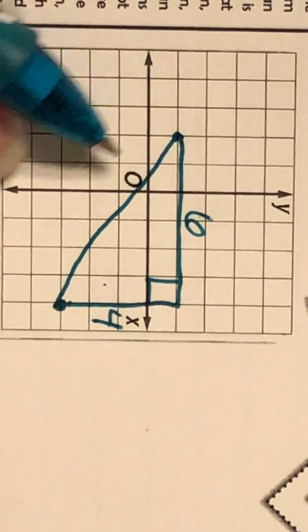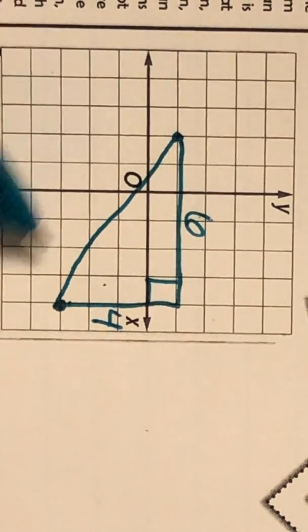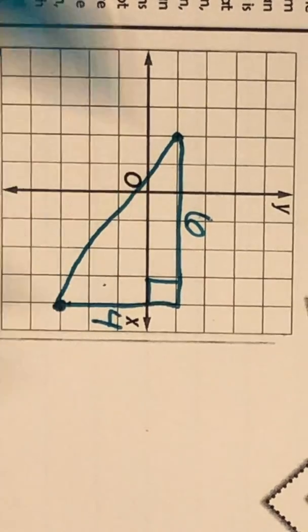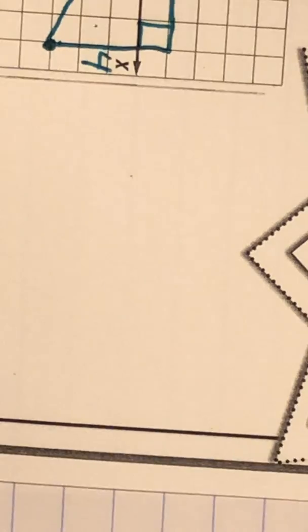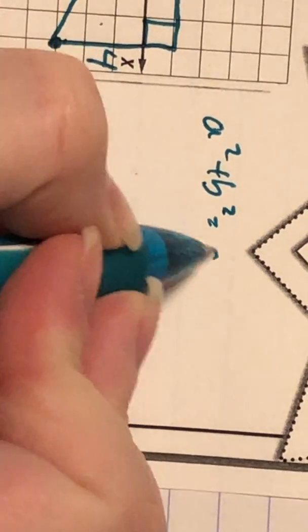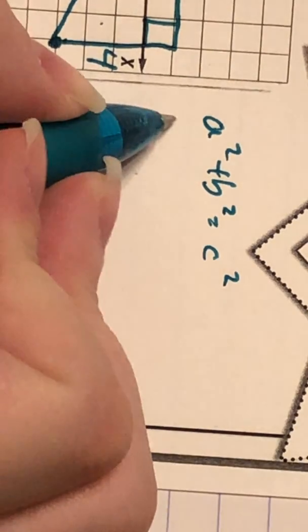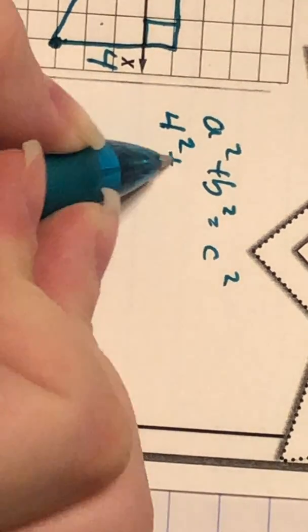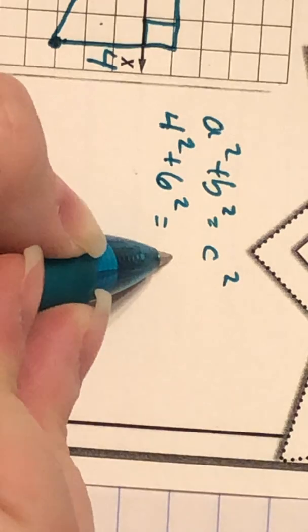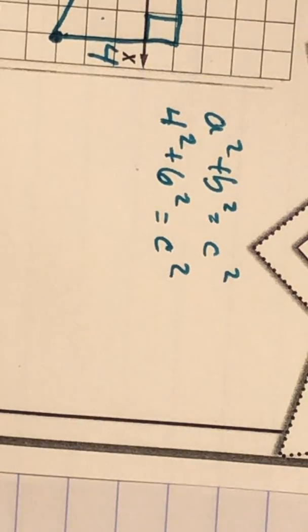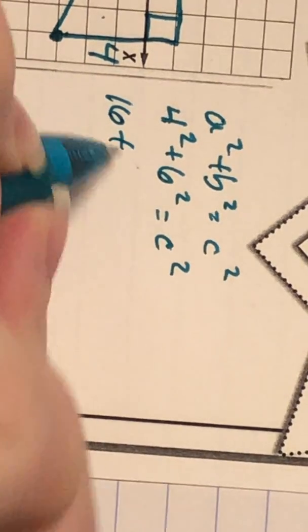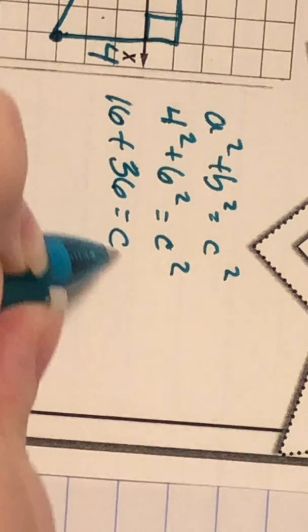Okay? Then, of course, I have this distance, which is one that I don't know. But I have 2 legs, so I can figure out the hypotenuse, which is the distance I'm looking for. So I have a squared plus b squared equals c squared. A can be 4, b can be 6, and we don't know c. 4 squared is 16. 6 squared is 36.